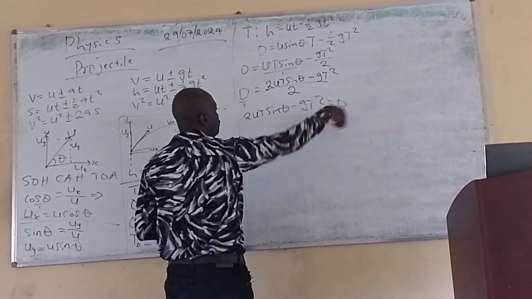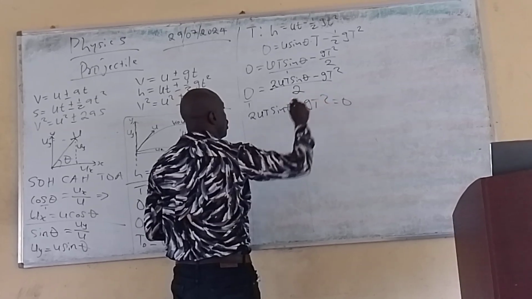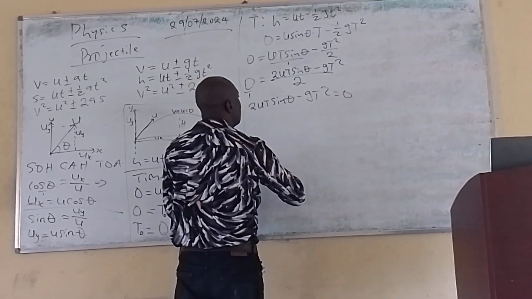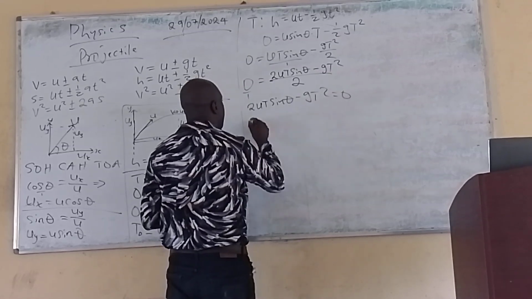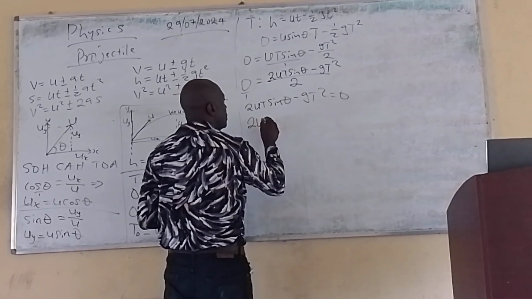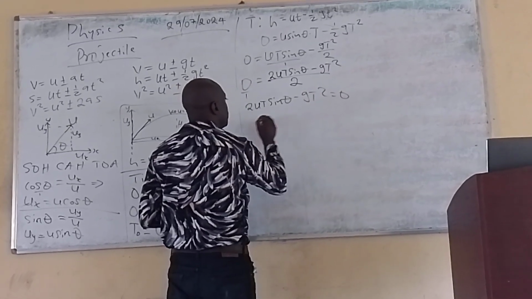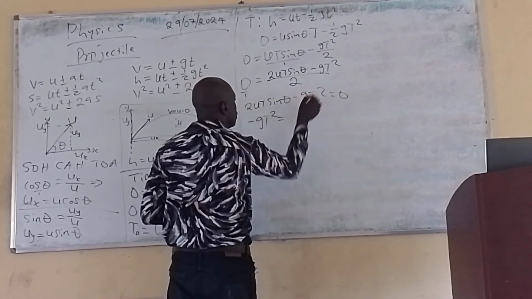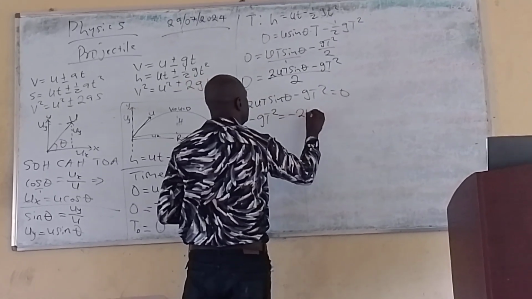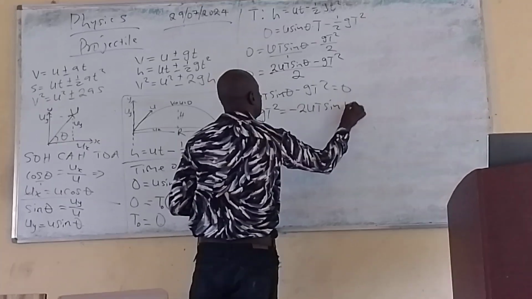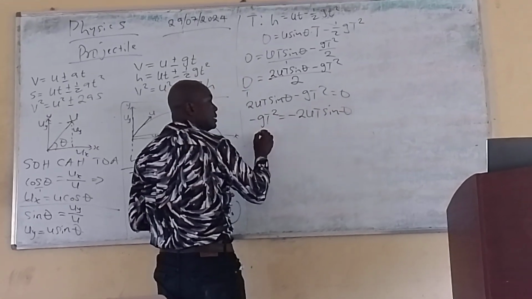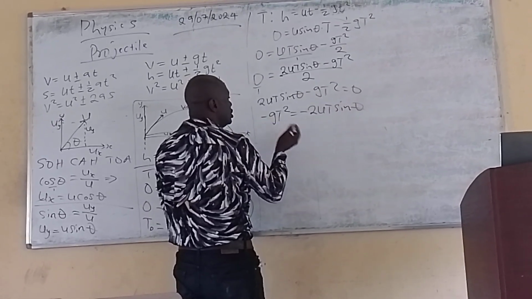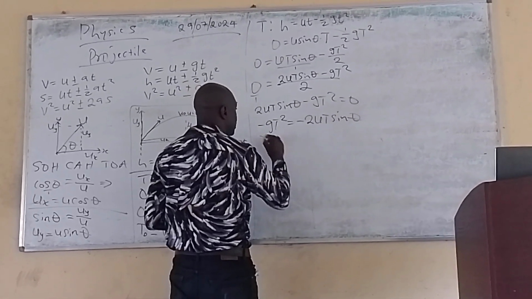Let me take this one this way. We now have minus gt squared is equal to, this one going over, minus 2ut sine theta. Then I can now divide both sides by minus gt.